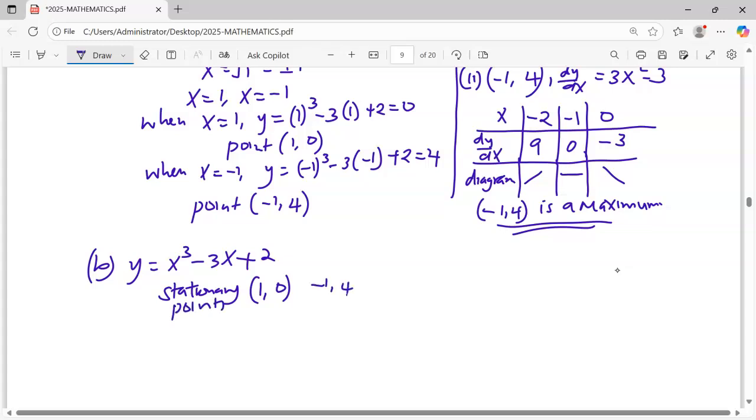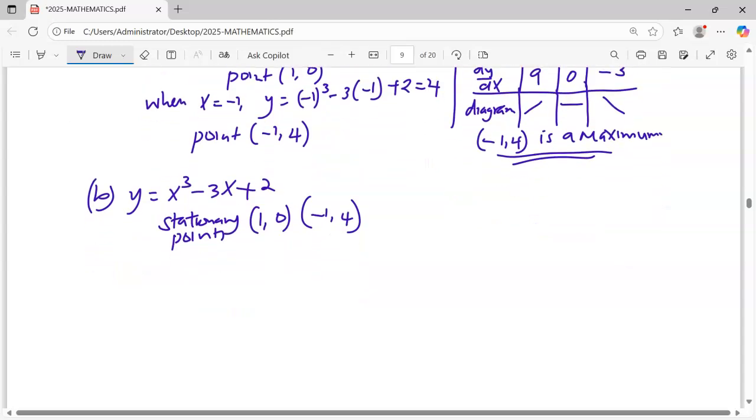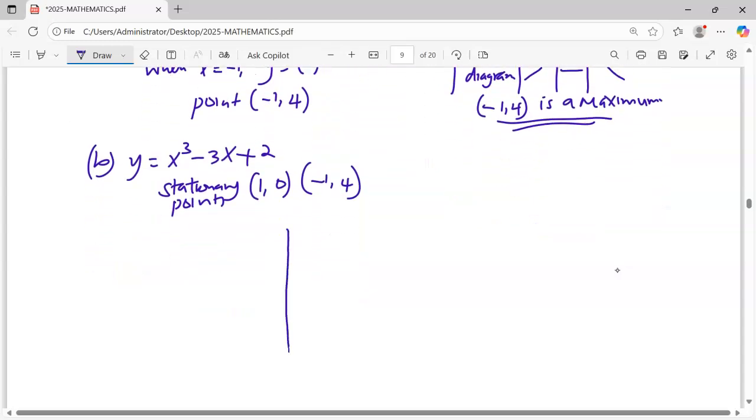negative 1, 4. So we are going to come up with a Cartesian plane this way. We have 1, 2, this is the x-axis, then 1, 2, 3, 4, that is our y-axis.